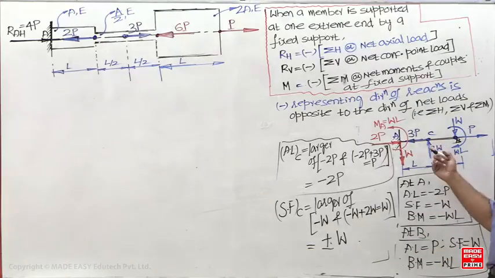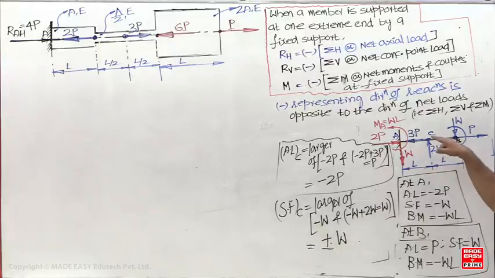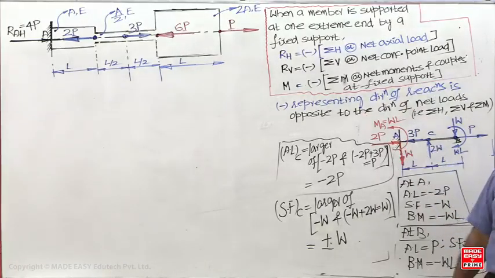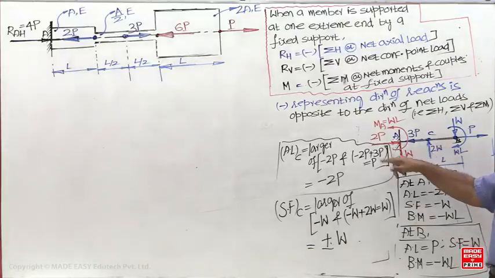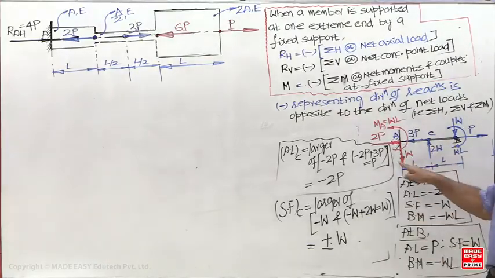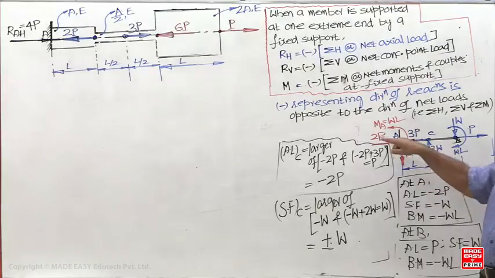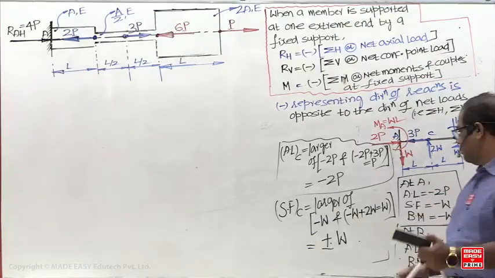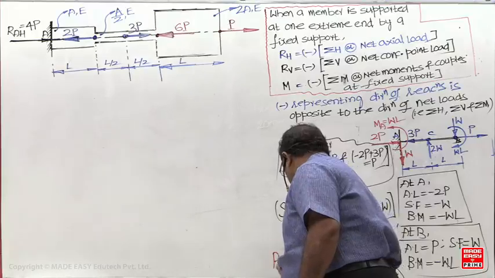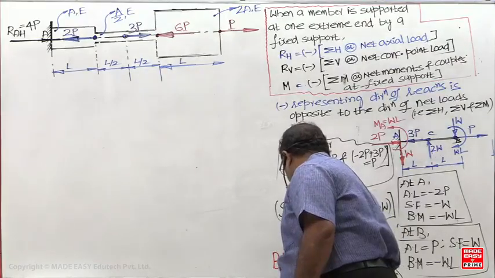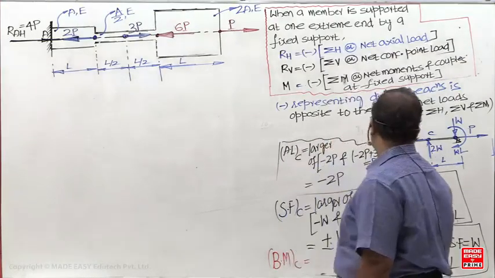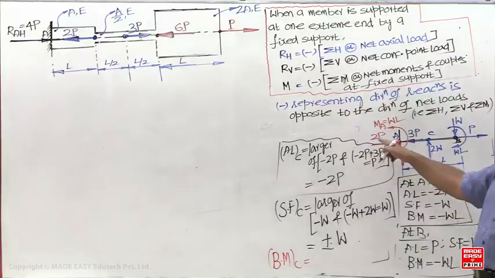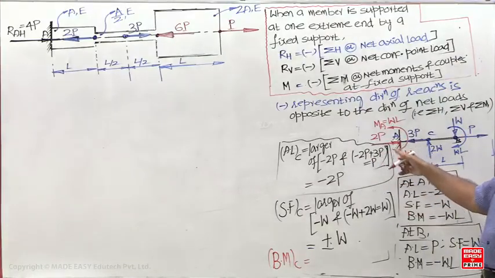And what about the bending moment? 1 bending moment will be there now. You get 2 bending moments only when a couple is there. So how do we find the bending moment? Is it better to consider the left side or right side? Either left or right, anyone you can take. What is the bending moment at C? W into L, left side anti-clockwise negative. W into L is clockwise. What is the bending moment at C? 0. Only 1 bending moment will be there. I am taking the left side: minus 2WL will be there.